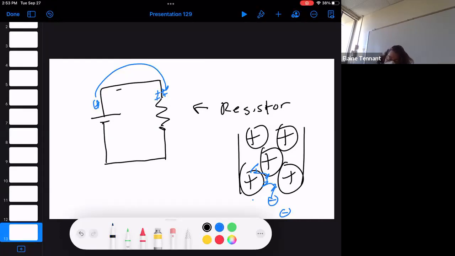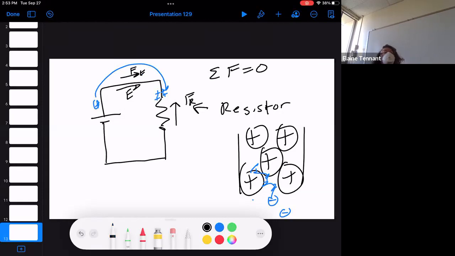Sorry, let me, if I have my electric field here, I have this electric force trying to push them this way, but then I have my resistor with the resistive force pushing them back. And it'll take nanoseconds. This isn't a thing that you're gonna measure.